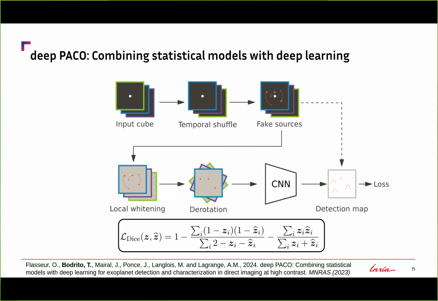Any people on Zoom have questions? Okay, then let me ask a question. You're thinking about the interpretability of the machine learning model, explaining why it could detect the sources in the image.